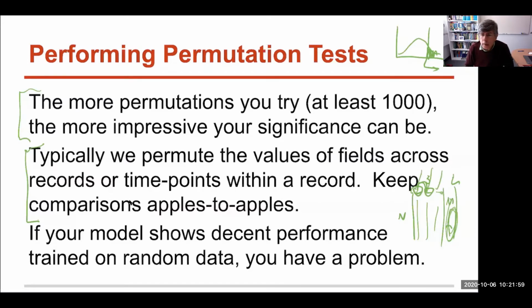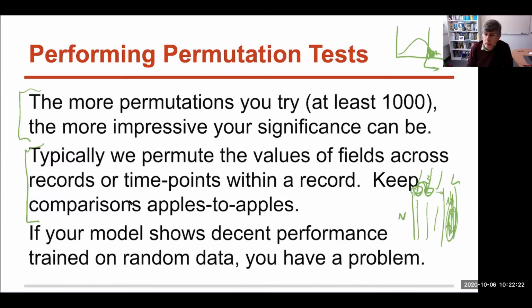To test how good your model is, whether it's doing it by chance, I'd rather permute the label than permute the individual feature values, because then I'm going to create fake people with combinations of feature values that may not make sense.